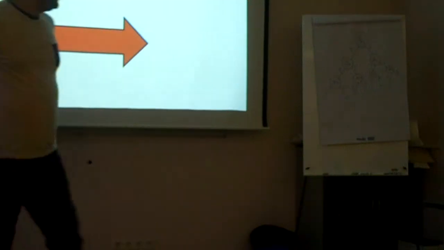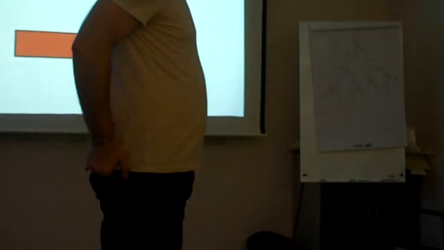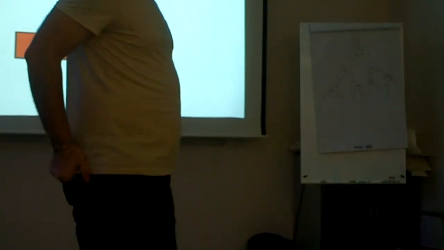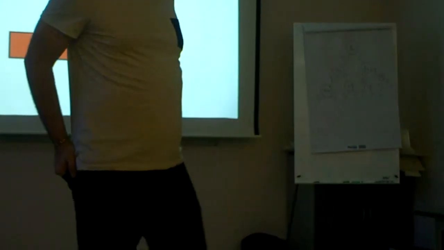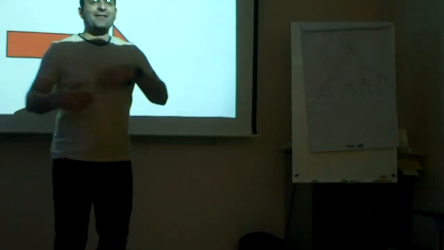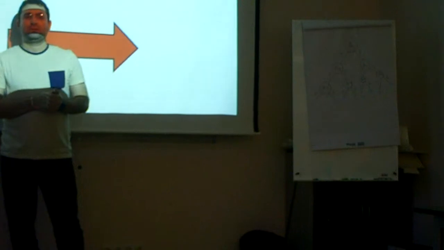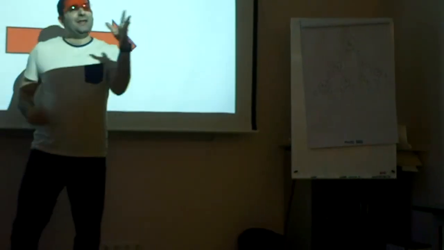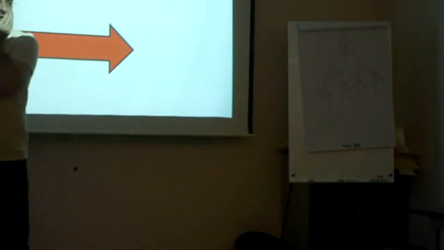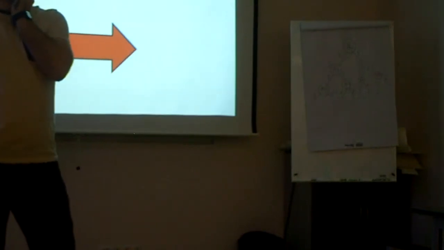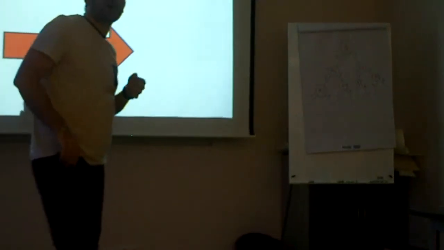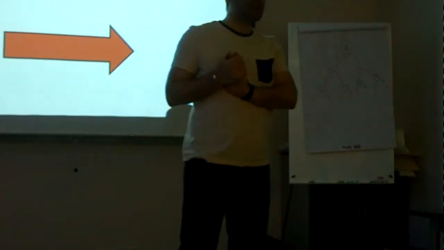Now, Eric, how many nodes do I need? 7. How many attributes did I have? 3. Any suggestion what can be the relation between the number of nodes and number of attributes?